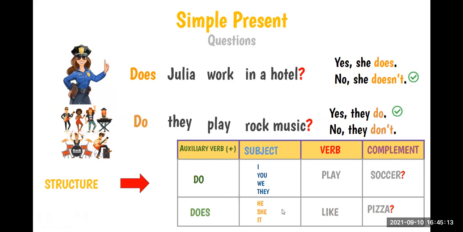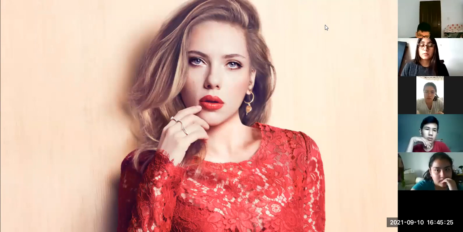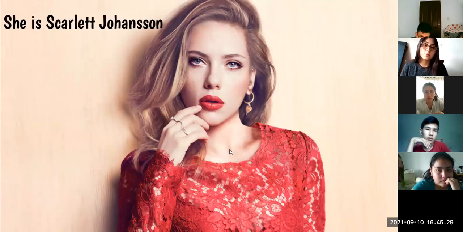Okay, do you know her? I don't know. Yes, who is she? This is Scarlett Johansson. She's the Black Widow in the superhero movies, the Avengers, right?